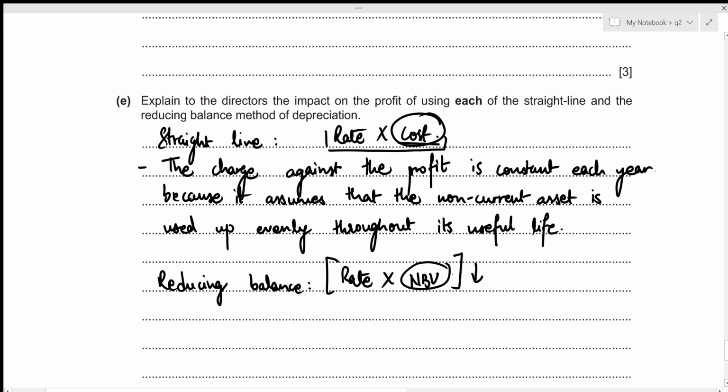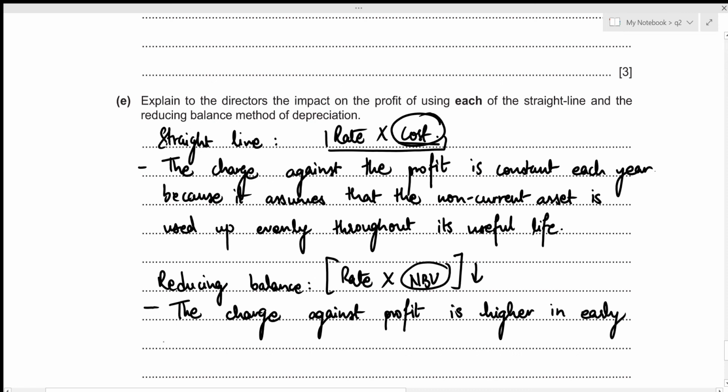Let's write it down. The charge against profit is higher in early years and lower in later years.